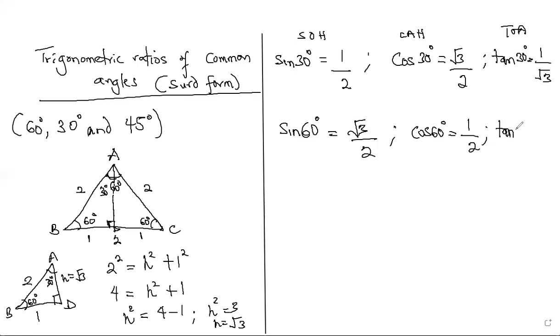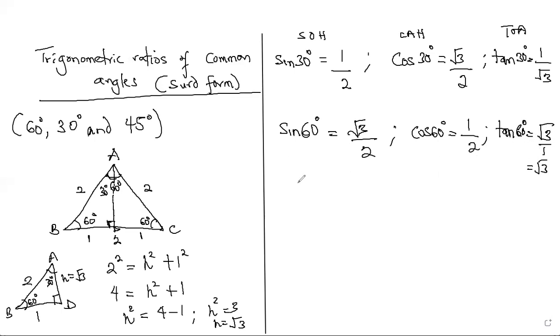And tan 60 will be opposite root 3 over adjacent, and the adjacent is 1, so root 3 over 1 is root 3. So sine 60 is root 3 over 2, cos 60 is 1 over 2, and tan 60 is root 3 over 1.